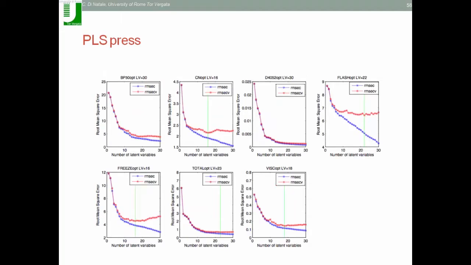So let's consider the PLS. If we take a PLS model from the same spectra, but to evaluate the different compounds, we see that for different compounds, we need a different number of latent variables. It goes from 30 to 15, something like that. It depends on the relationship between the properties and the near-infrared spectra.